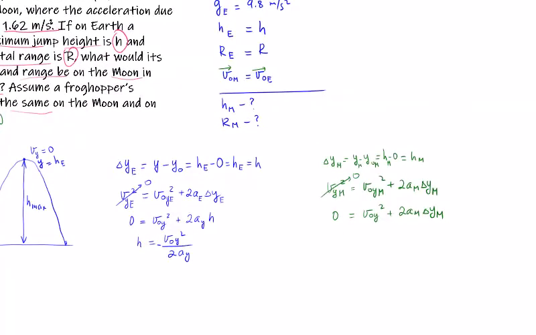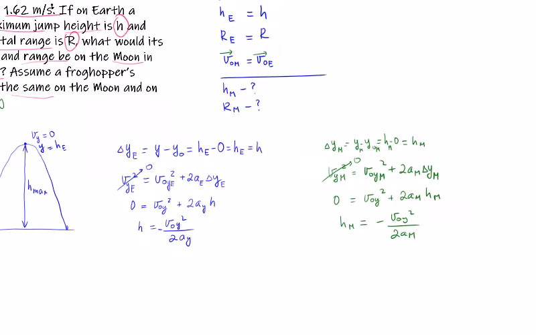Now let's go back and find delta y on the Moon. Actually, let's substitute delta y on the Moon with the h Moon and solve for h Moon here. That equals negative v naught y squared over 2a moon.